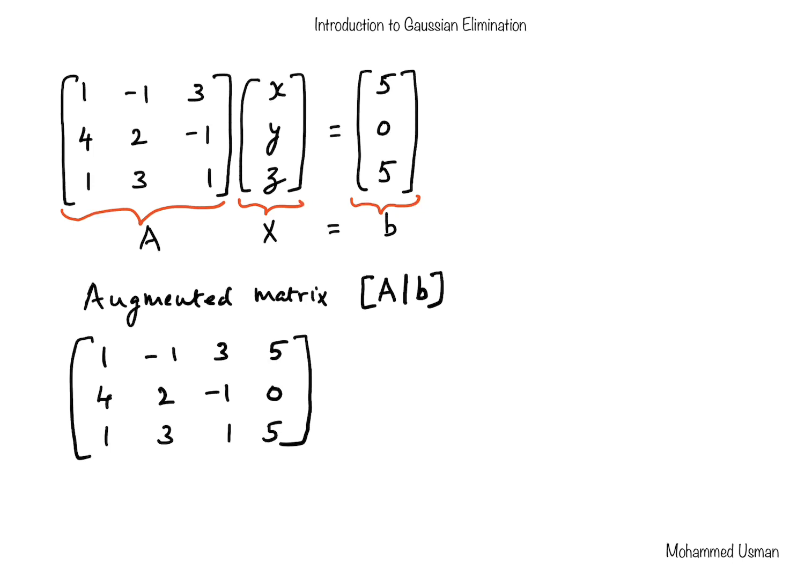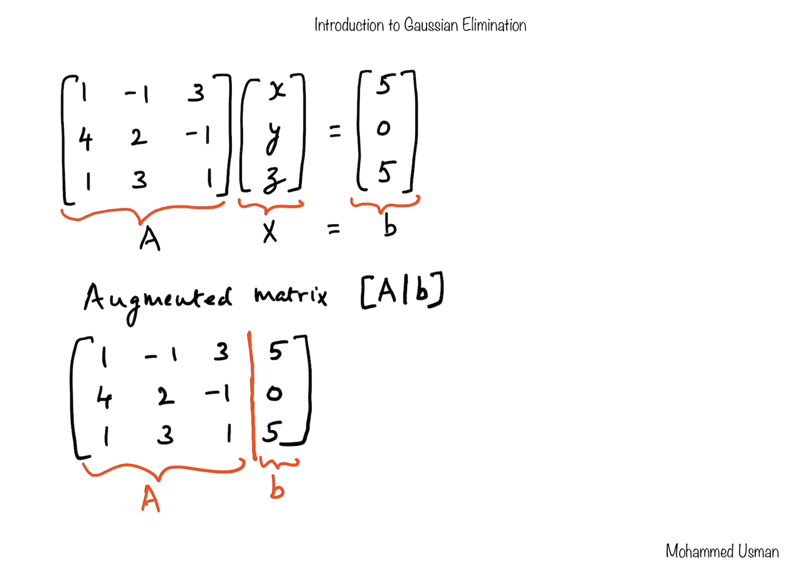One is the A matrix and the other part is the B vector. Let me draw it as a continuous line here. On the left hand side is the A matrix, concatenated or joined by the B vector. Together they form what is called the augmented matrix.